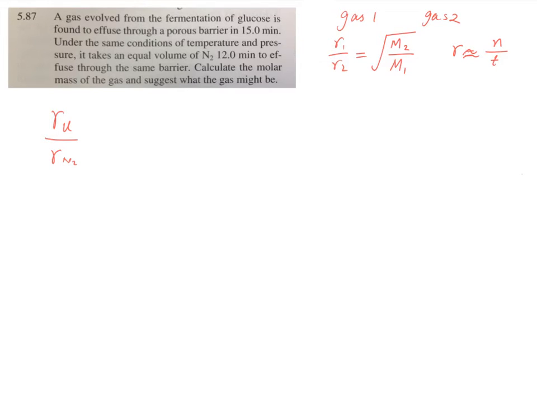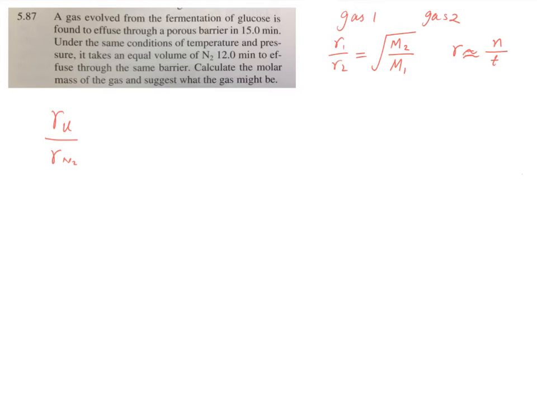For the unknown gas and nitrogen, they have the same temperature, pressure, and volume. When an ideal gas has the same temperature, pressure, and volume, that means they have an equal number of moles. So in this setup, the mole number of the unknown gas equals the mole number of nitrogen.